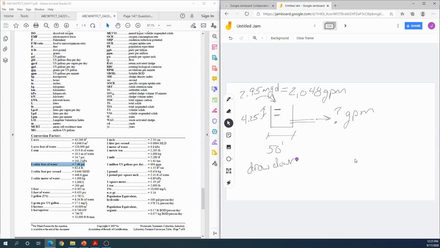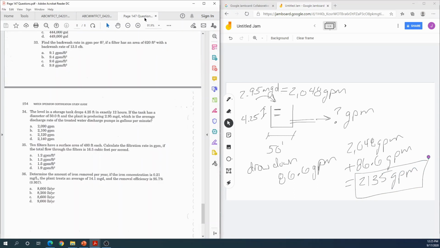We had 86.6 gallons per minute on top of that from our drawdown. So 2,048 gallons per minute plus our 86.6 gallons per minute gives us a total outflow of 2,135 gallons per minute.